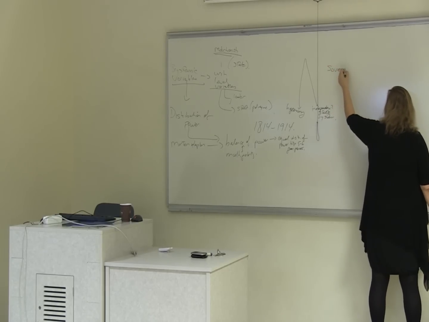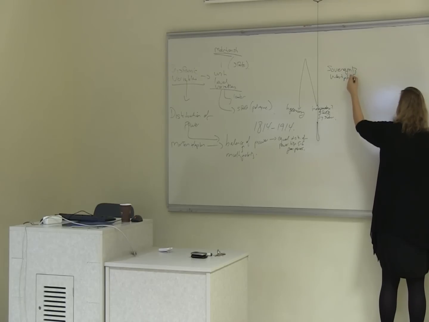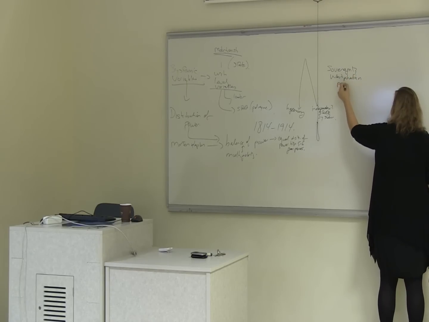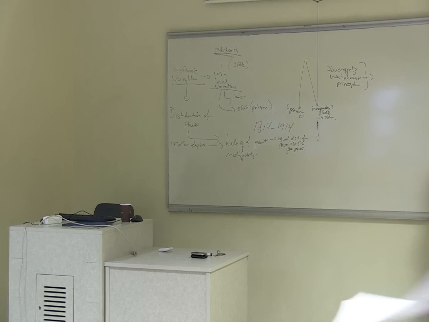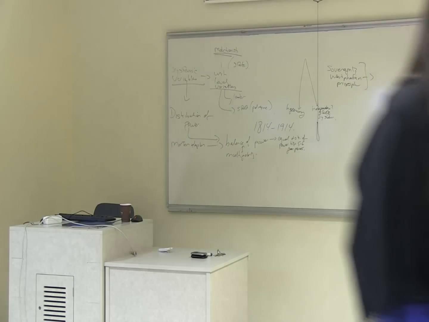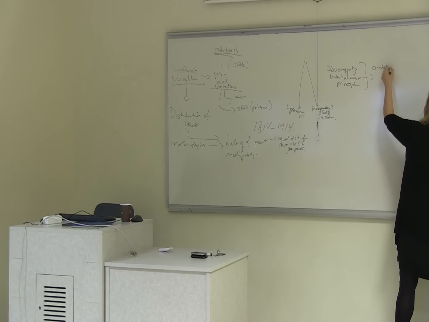So sovereignty, or the Westphalian principle, that you shall respect each other's capacity to make individual rules, laws, and you will not violate their rights, is also an ordering principle or a basic rule of the system.